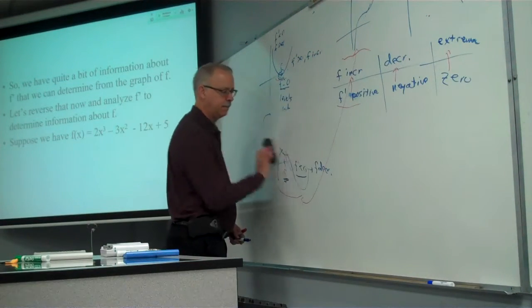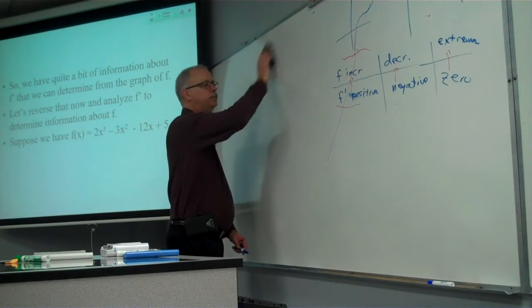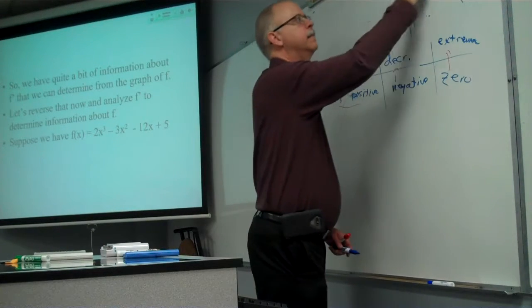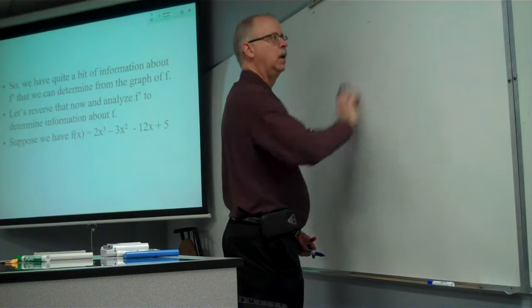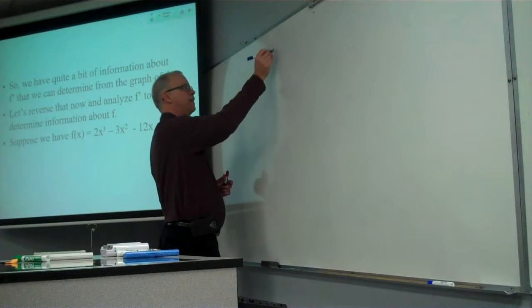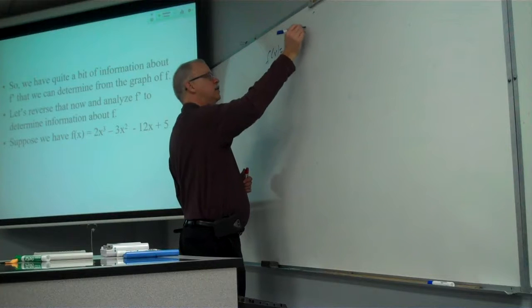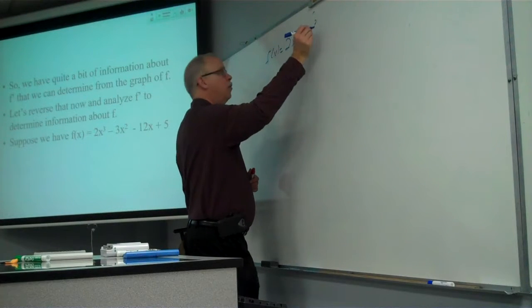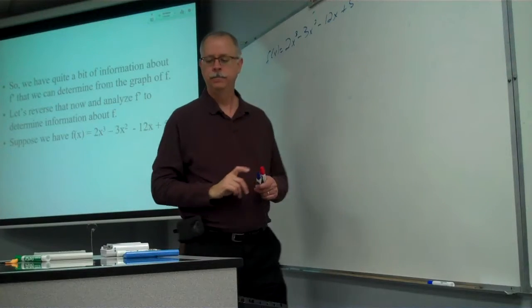So we've got 2x cubed minus 3x squared minus 12x plus 5.